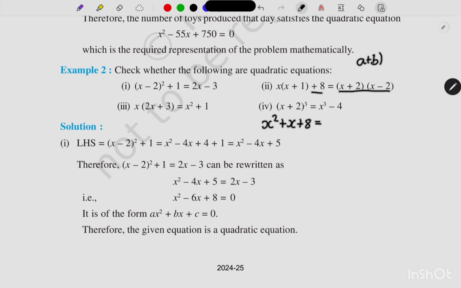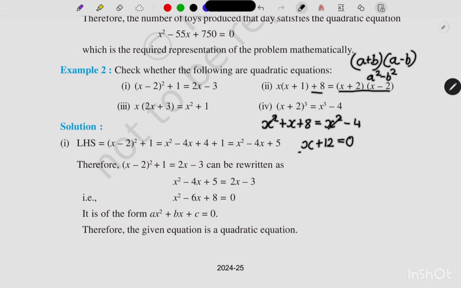Identity, a plus b into a minus b, and what is that? It is a square minus b square, and this is x square minus 4. Now you can simplify this and you will see that x square and x square get cancelled. Sad. And x plus 12 is there, and x plus 12 is 0.